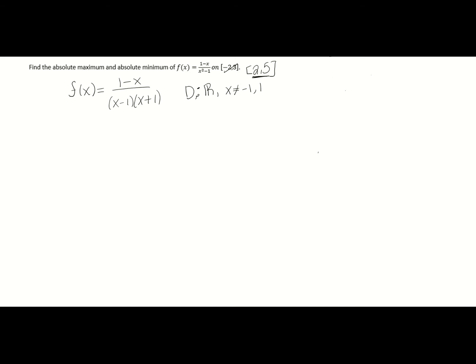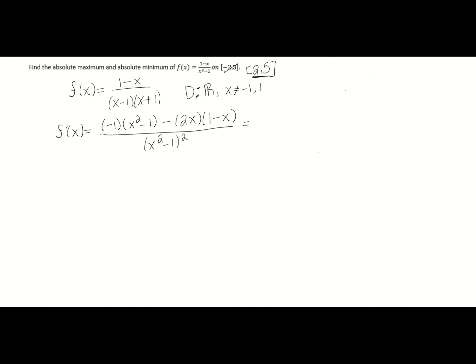So next I'm going to find my critical numbers. So I'm going to have f prime of x, and I'm going to have to use the quotient rule for this. The derivative of the top is -1 times the bottom, x squared minus 1, minus the derivative of the bottom, which is 2x, times the top, which is 1 minus x, all over x squared minus 1 squared.